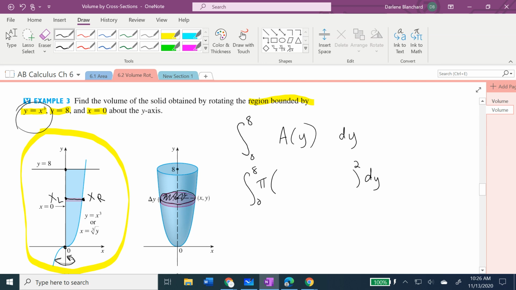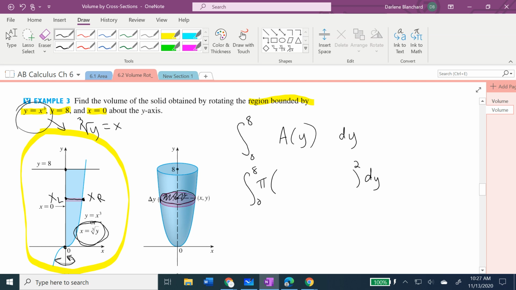You have to realize that if you need the right x coordinate, you need to know what x is equal to with respect to y. So you have to make sure to take y equals x cubed, cube root both sides, and see the function that you're actually dealing with from that perspective.